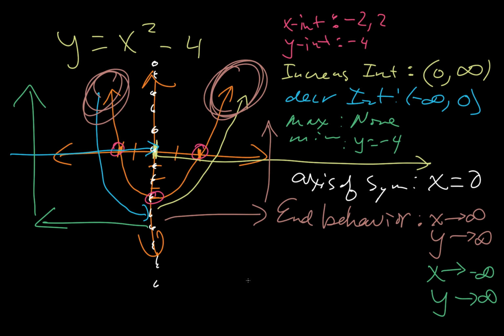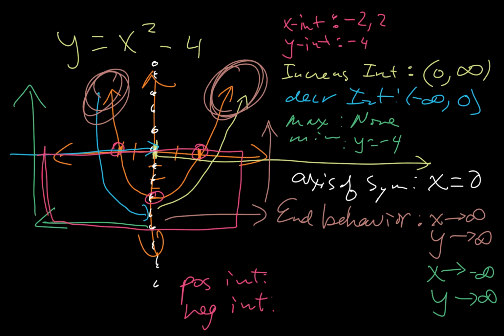And then we have positive and negative intervals. So positive interval, negative interval. Okay, positive. Actually, in this case, negative is easier, so I'm going to start with that. So negative is just what's happening below the x-axis, or like which x values put us below the x-axis.